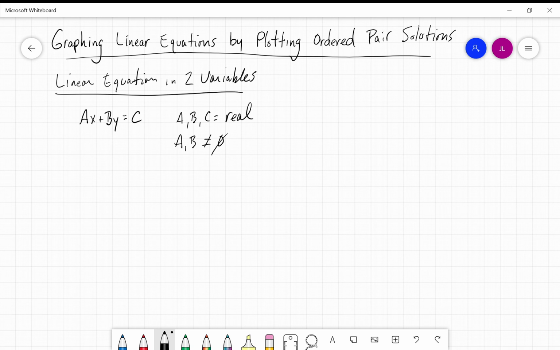We can't have that. When we see these types of equations, the graphs come across as a straight line. And this ax plus by equals c is what we call standard form.